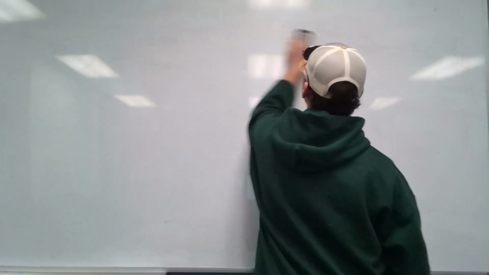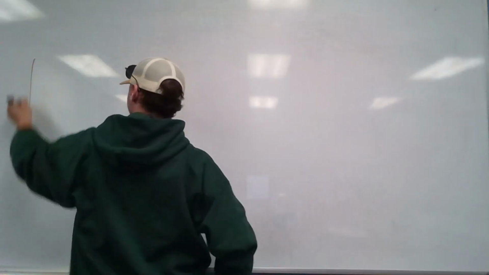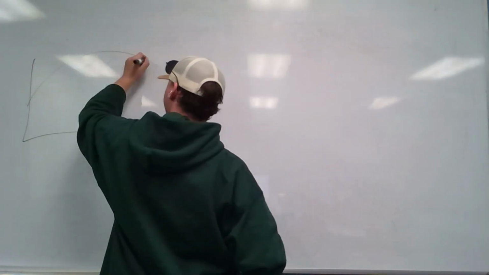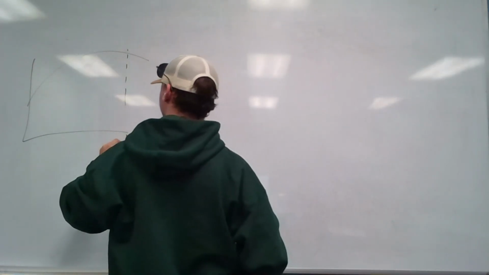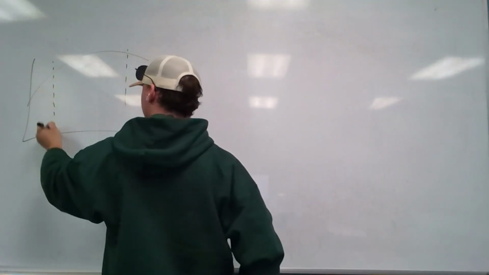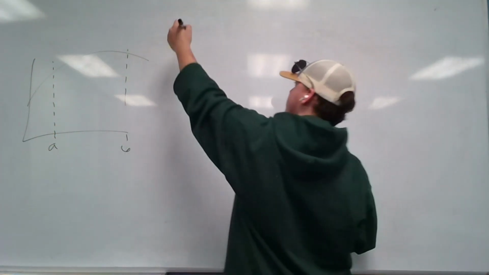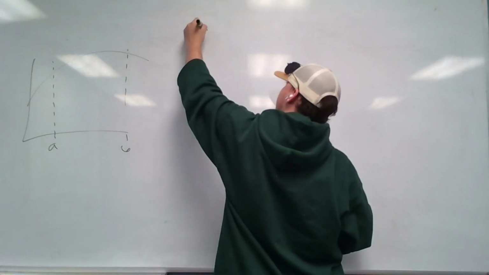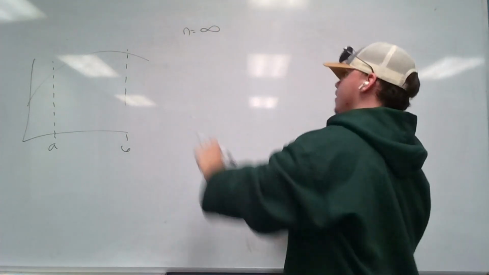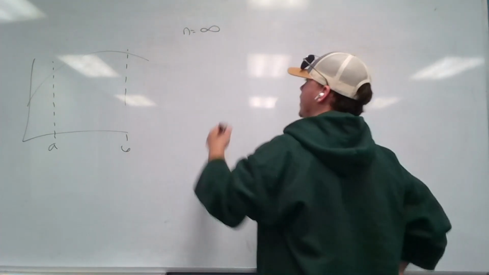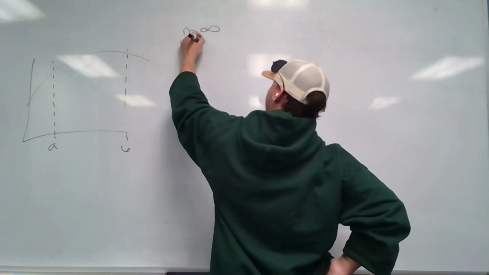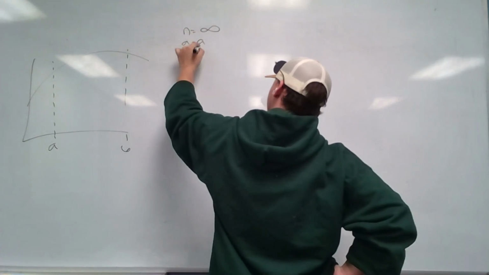When we have our graph, I'm just going to draw a quick graph over here for reference. n, starting out, is going to be equal to infinity. In addition, a equals a, b equals b.